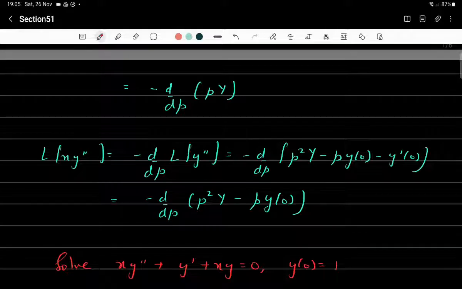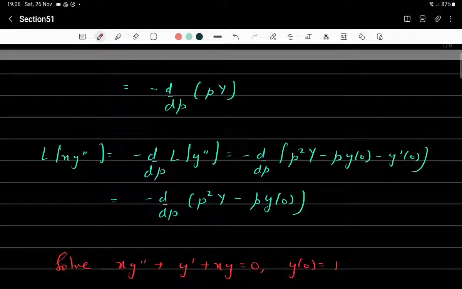If you spend some time, you will realize that it is a Bessel equation, x square y double dash plus xy dash plus x square minus p square times y is equal to 0, where p is 0. So it is a Bessel equation of order 0, which means it has the solution J naught x.